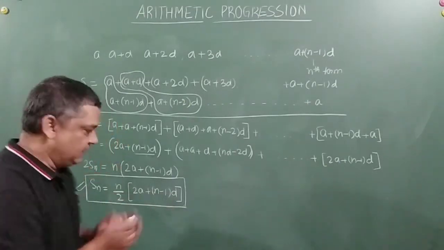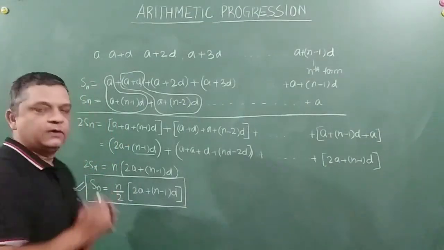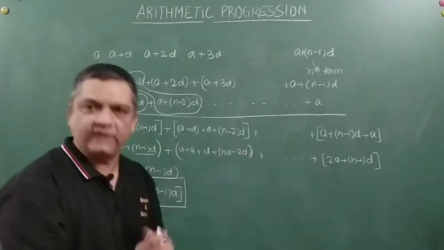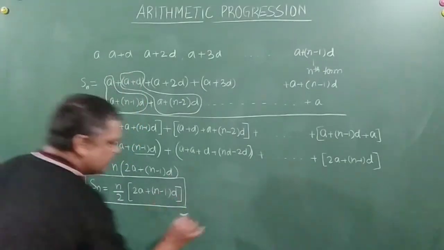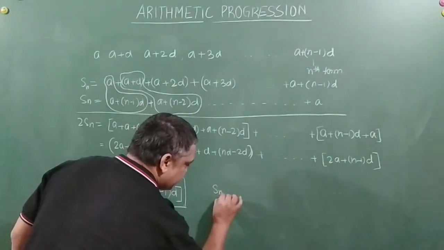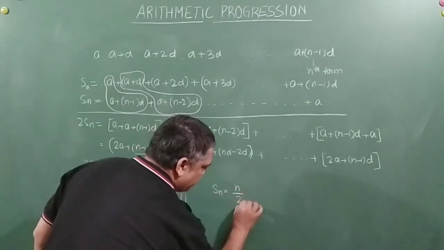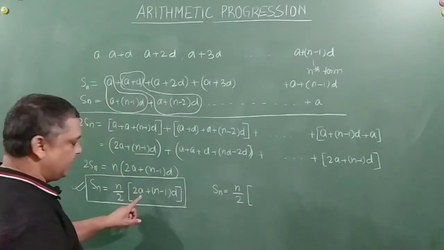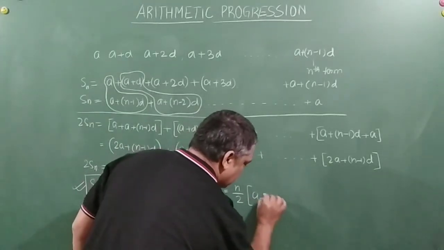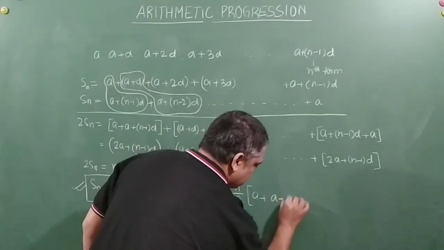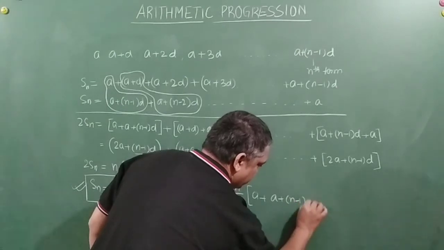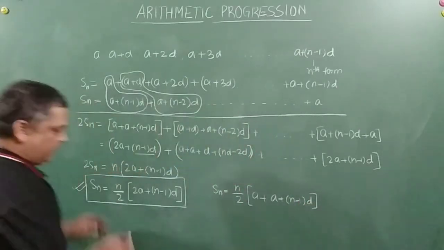Now friends, this formula, this one only, we can represent it in a different way as well, right? How we can represent it? Can we write it? Sn is equal to, I will write n by 2. I will split it into A plus A plus n minus 1 into D. Any problem here?